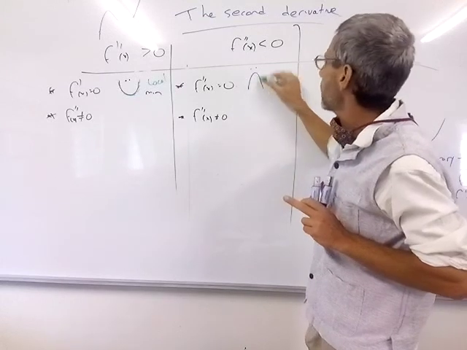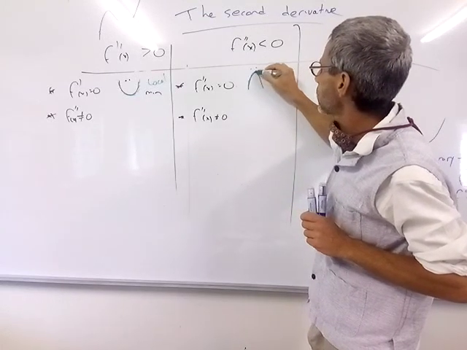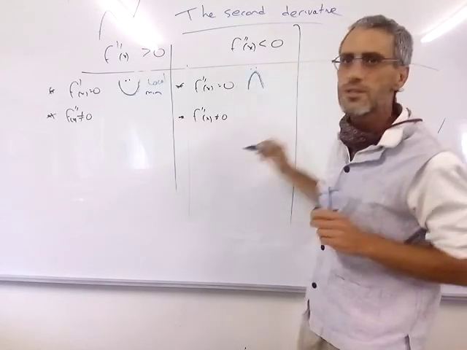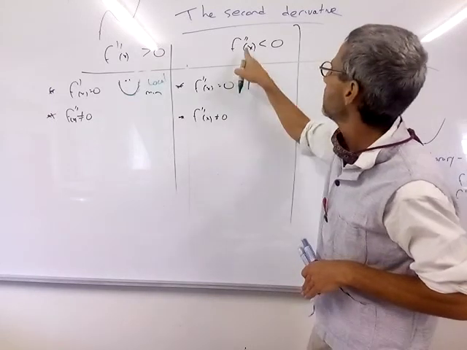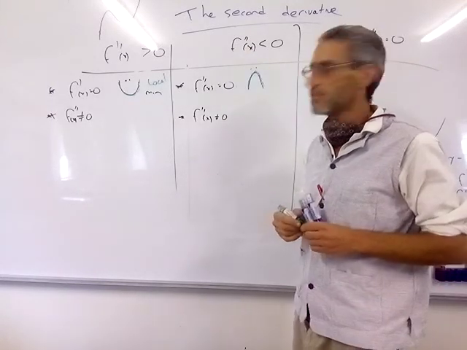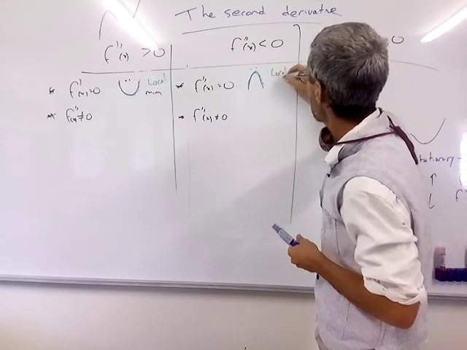The function goes up and then goes down. So the derivative starts positive, gets closer to 0, and then becomes negative. In other words, the first derivative is decreasing, meaning the second derivative is negative. And that will be a local maximum.